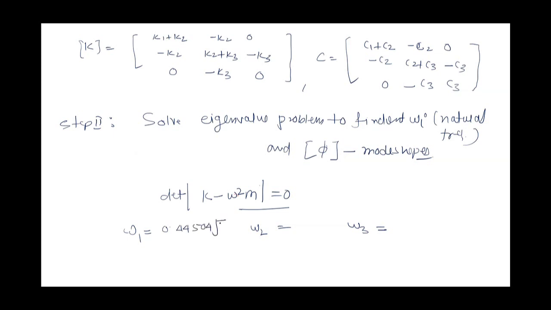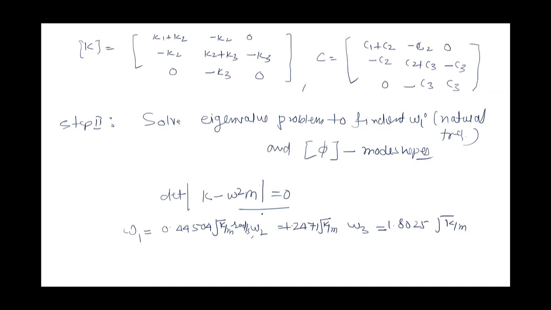0.44504 under root k by m radian per second, omega 2 is 1.2471 under root k by m, and omega 3 we found as 1.8025 under root k by m.